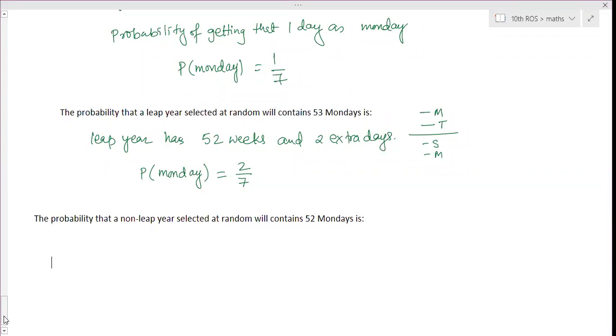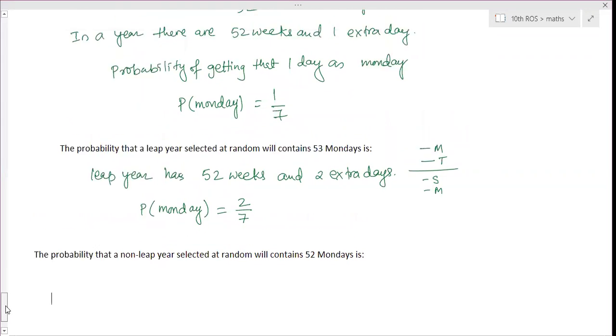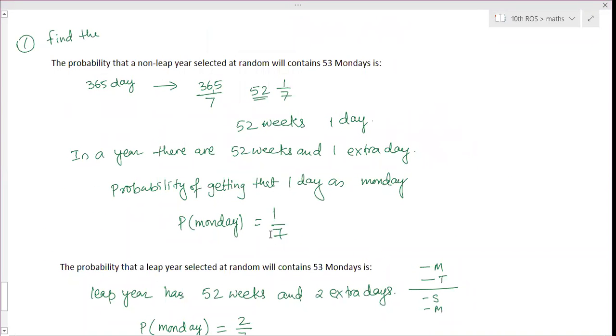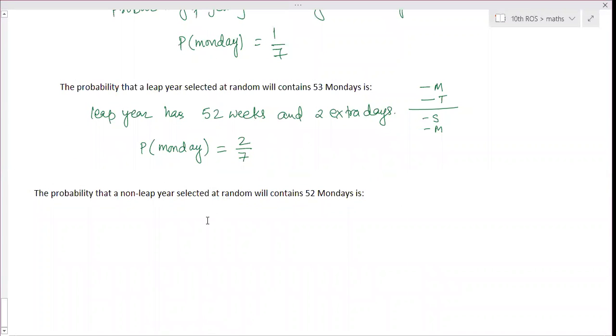So the probability of having 52 Mondays is equal to the probability of not having 53 Mondays.